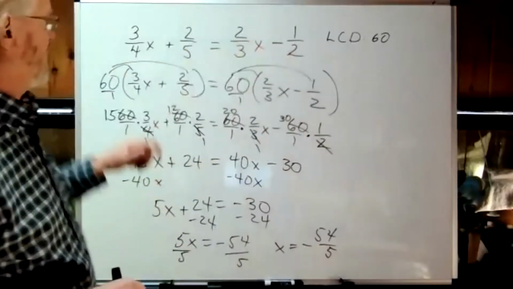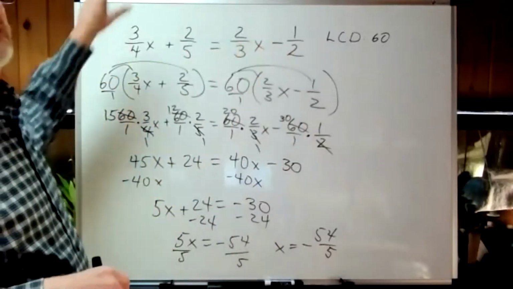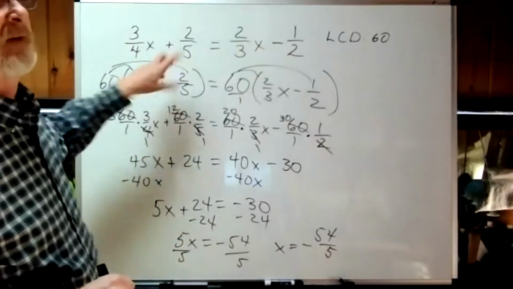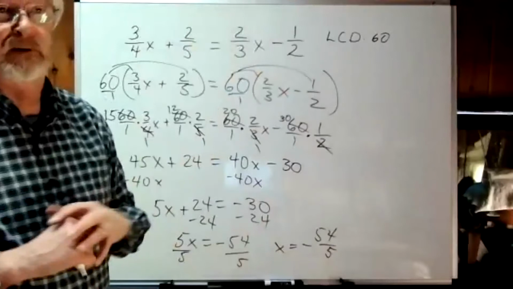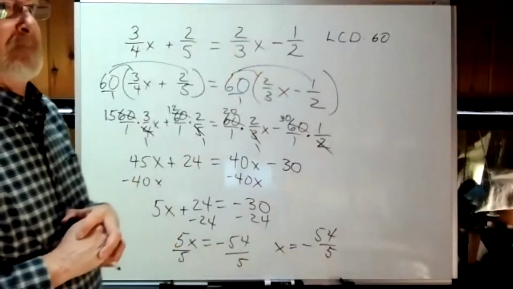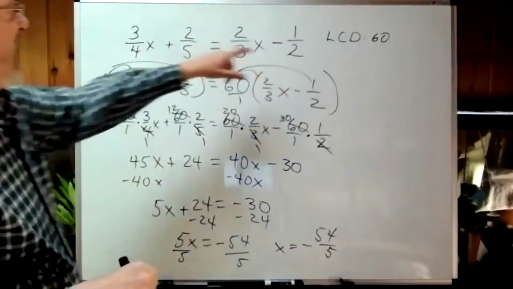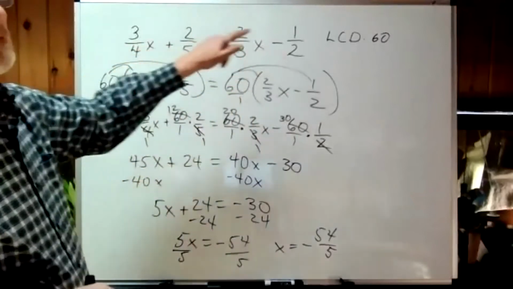It's got to be a multiple of 4. It's got to be a number 4 divides into. Got to be a number 5 divides into. All those numbers have to divide into whatever bigger number you come up with. So that bigger number has to be built out of factors of all these different numbers.